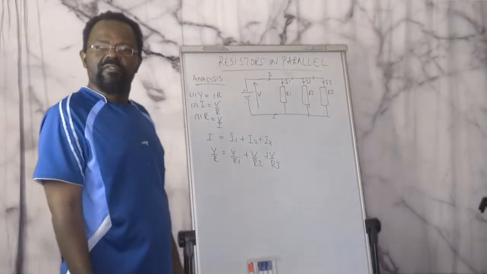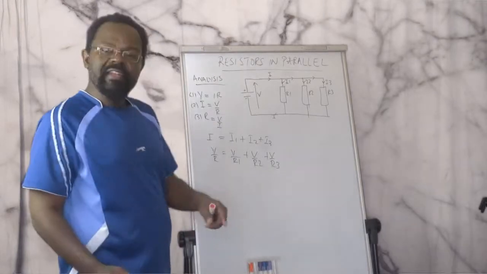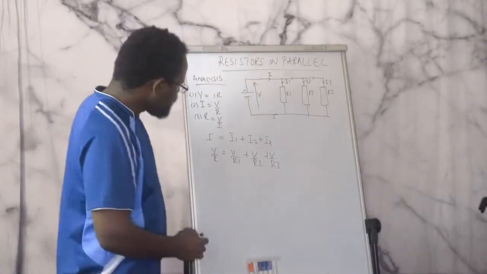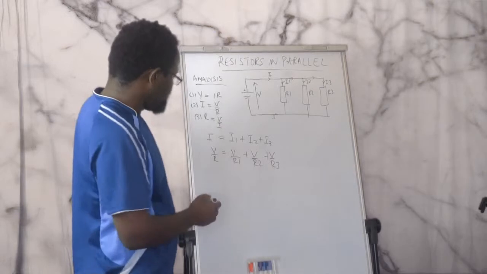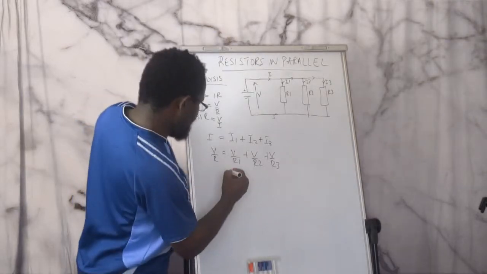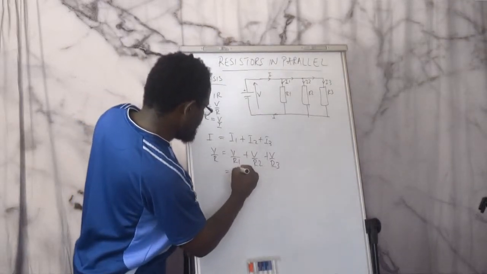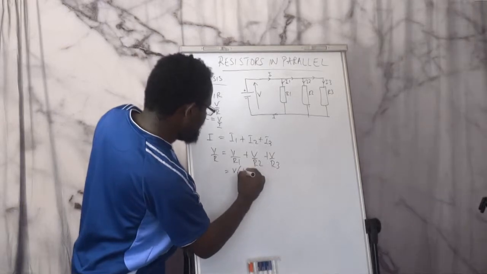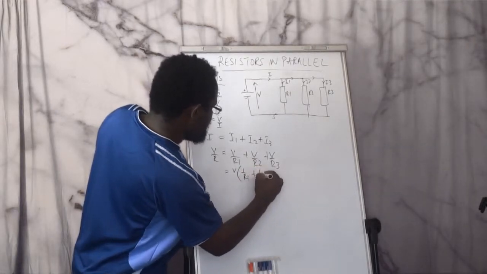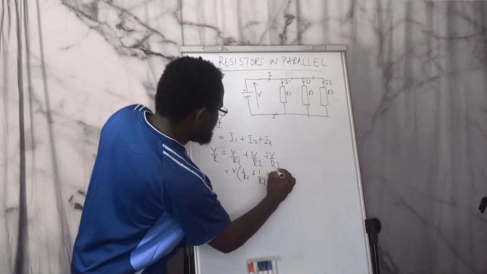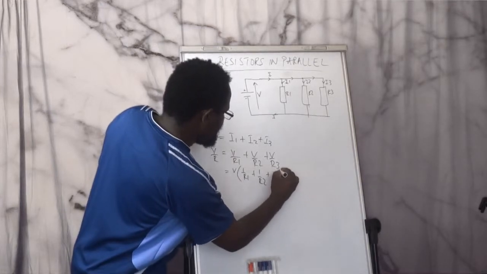So far so good. Now, if you want to be systematic, you factorize V outside the bracket: 1 over R1 plus 1 over R2 plus 1 over R3.